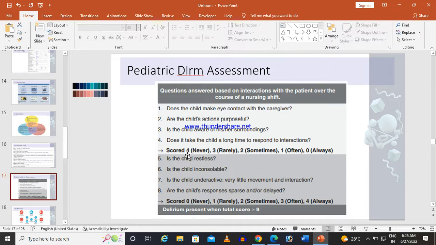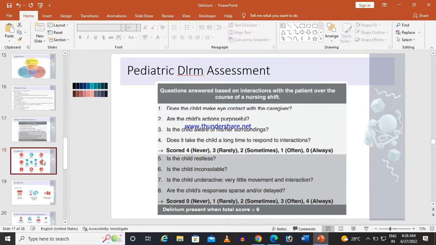And if after adding all, the score is greater than 9, then the child is in delirium.